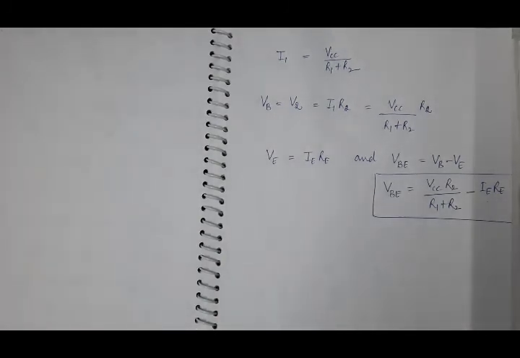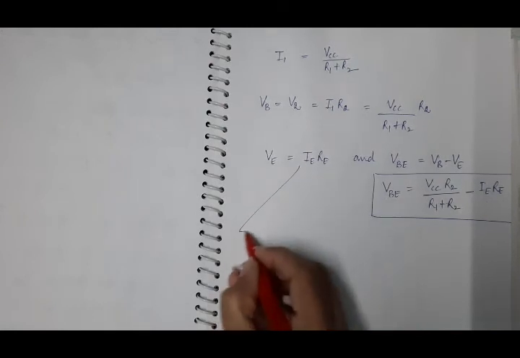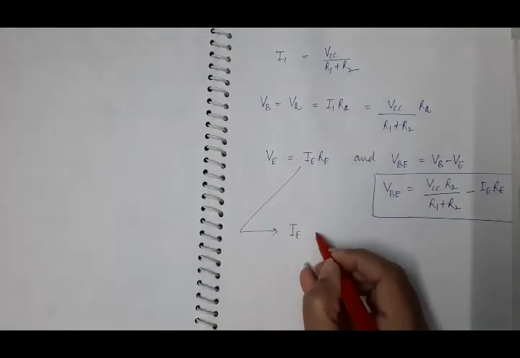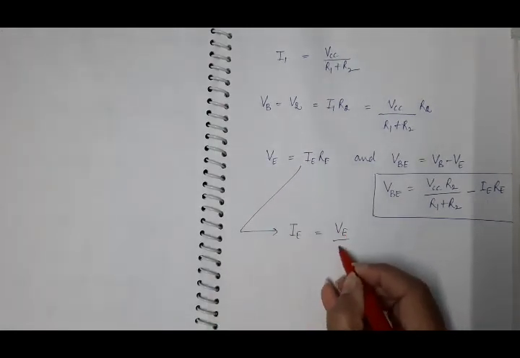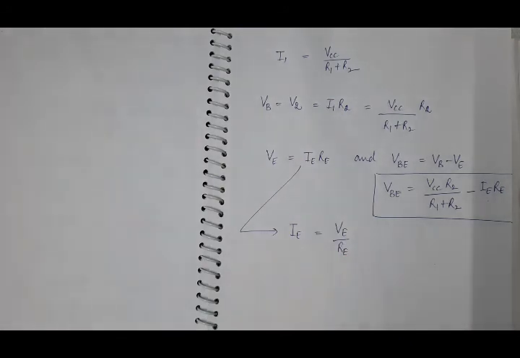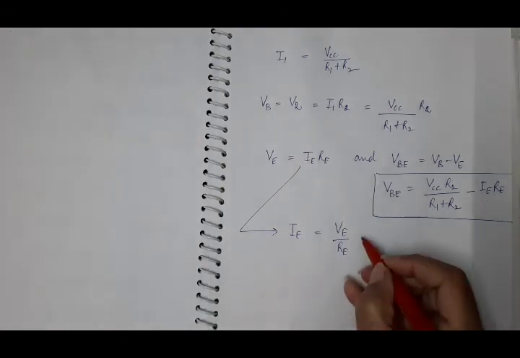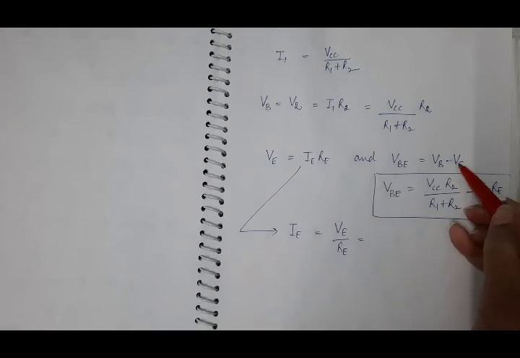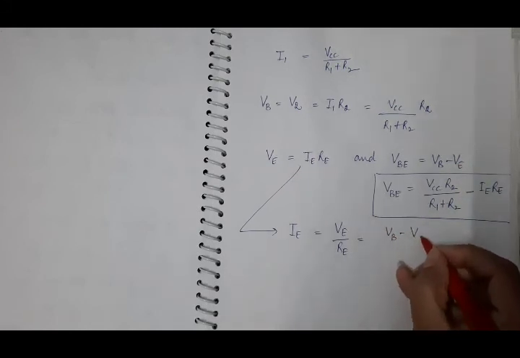And then the value of collector current is approximately equal to emitter current. And what is emitter current? From this equation, emitter current is VE upon RE. And what is VE? VE is VB minus VBE.